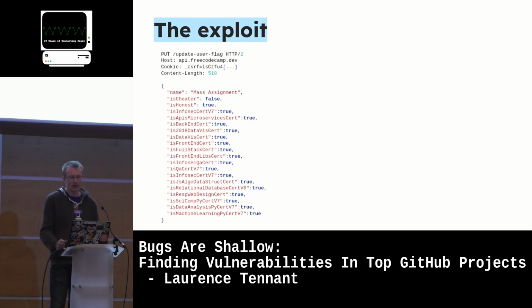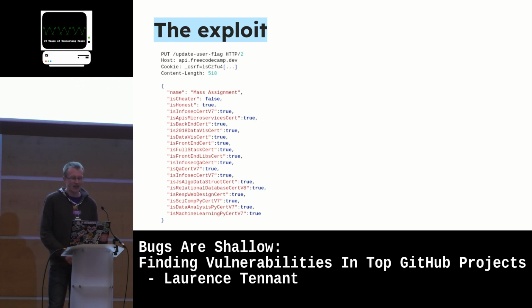So ultimately, the exploit required making a PUT request to this endpoint and then setting all of these properties, which I shouldn't be able to set. Obviously, I also had to set isCheater false and isHonest true as part of that.